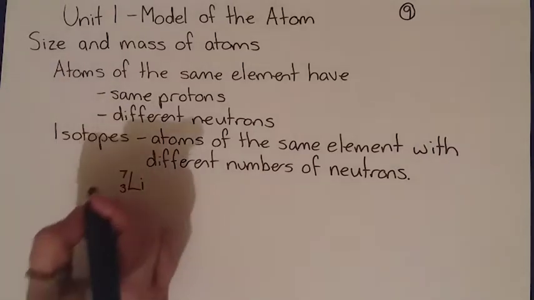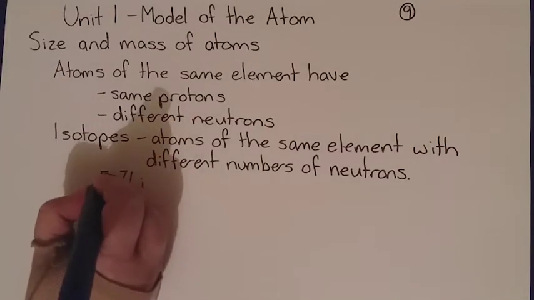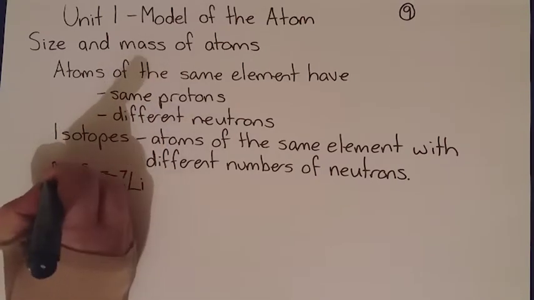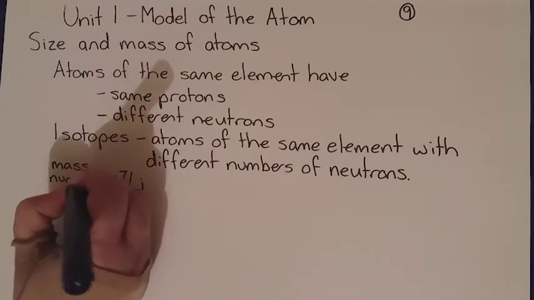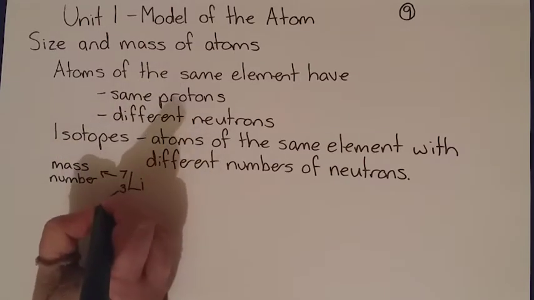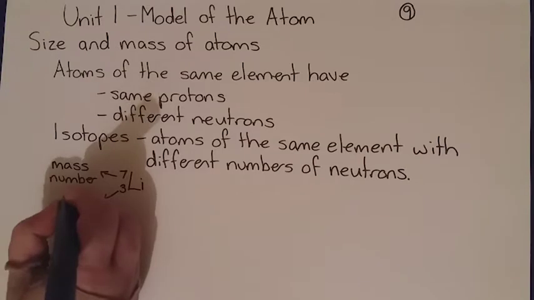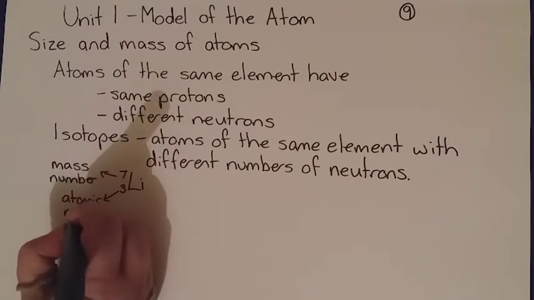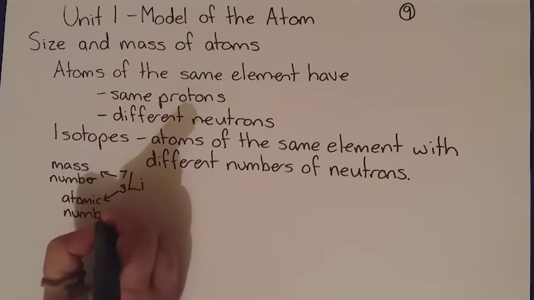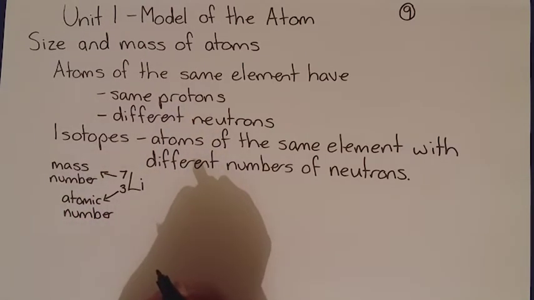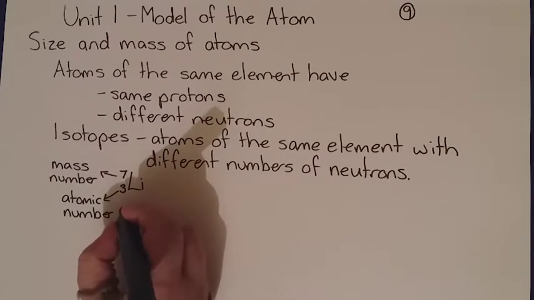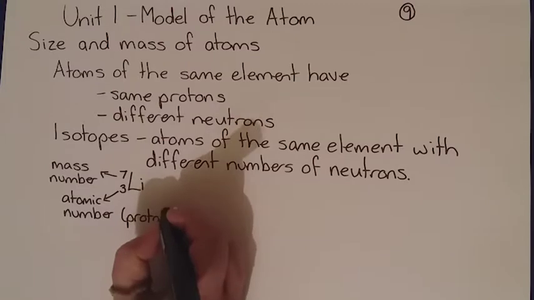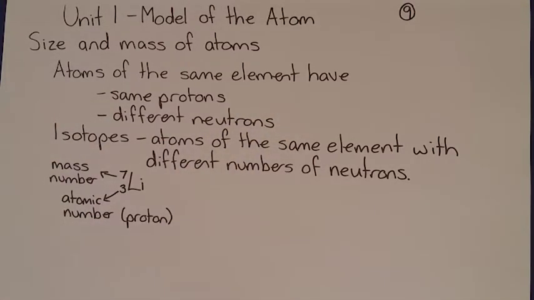They will tell you that the top number of any symbol is the mass number, and that the bottom number of any symbol is the atomic number. They even tell you in brackets, so that you don't have to remember it, that the atomic number is also called the proton number.